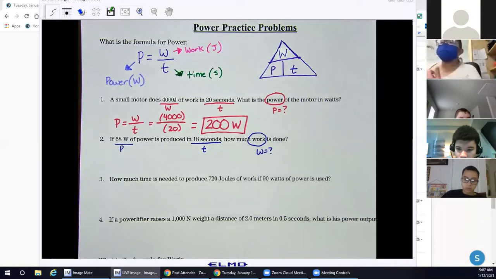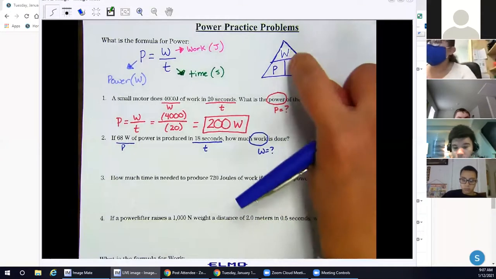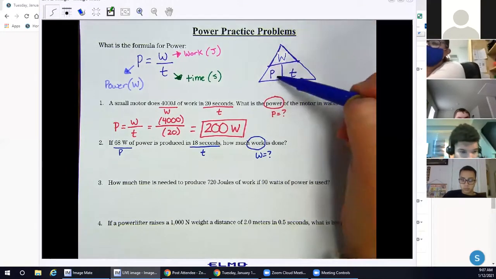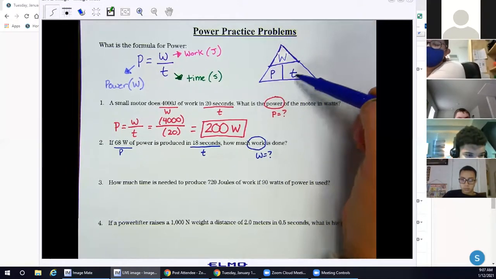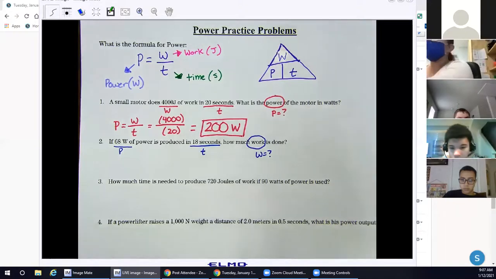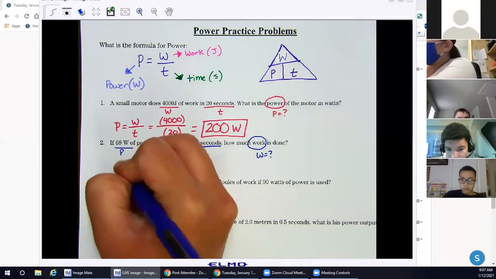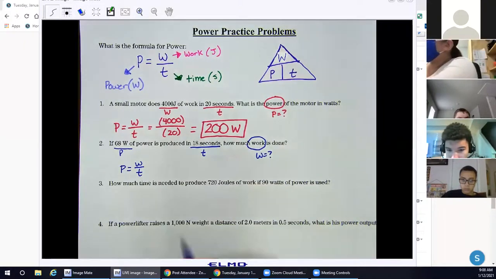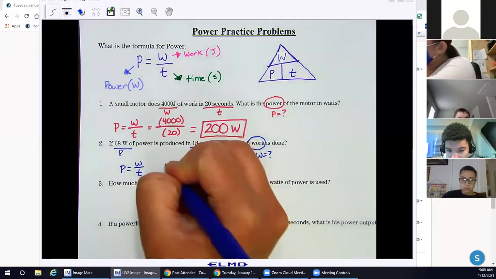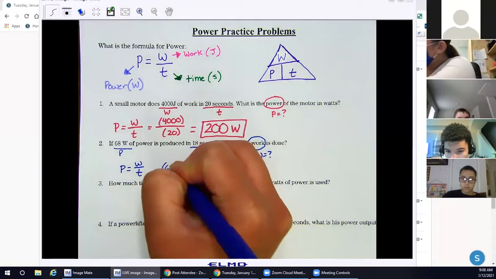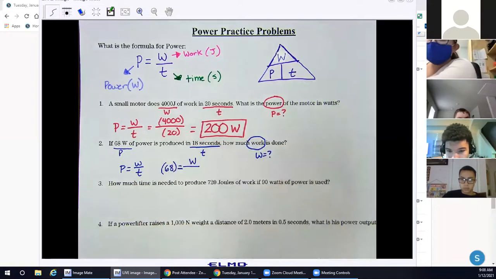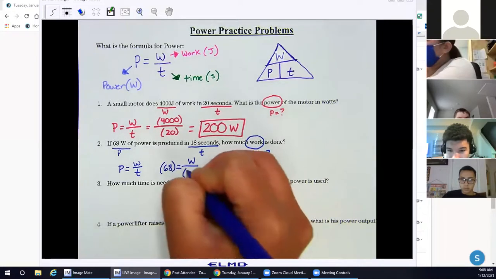If you're using your triangle to find work, it's just power multiplied by time. But I'm going to use my formula and I'm going to rearrange it. So power equals work over time. Plugging in my numbers. Power was 68 watts. I'm looking for my work. And my time was 18 seconds.